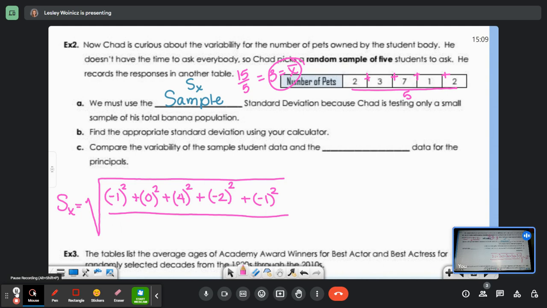So we have to allow for some unknown out there. So we're going to divide by not 5, but a slightly smaller number, which is 5 minus 1. Yep, 4. So it's like the number of elements in your set minus 1.